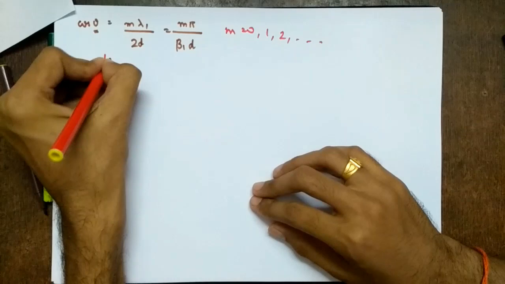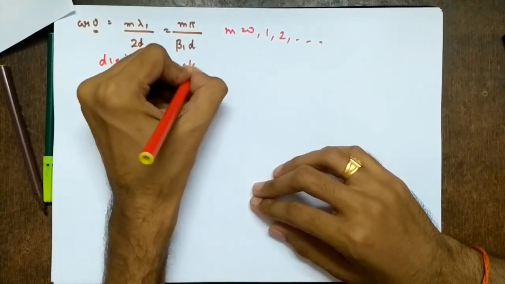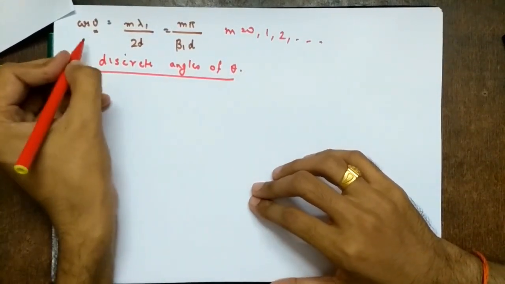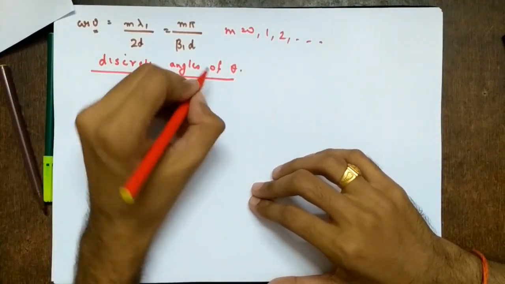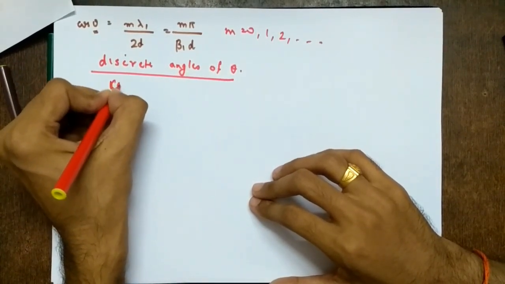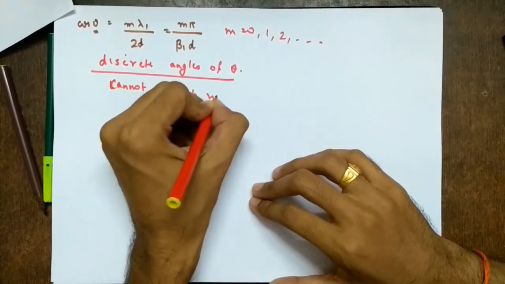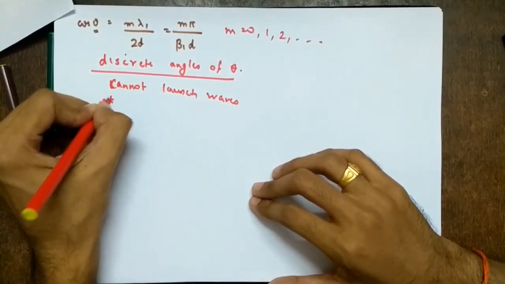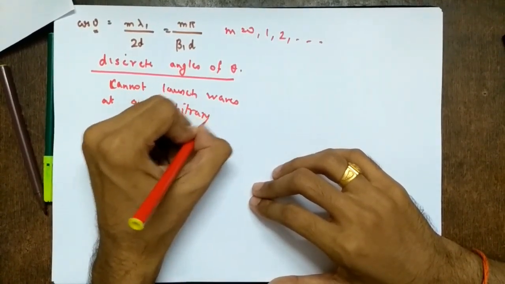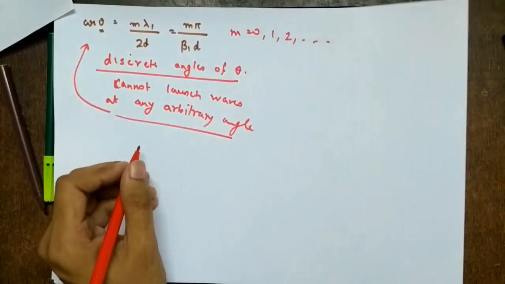You are having discrete angles of theta. That means we cannot launch waves at any arbitrary angle. That is what we understand from this equation.